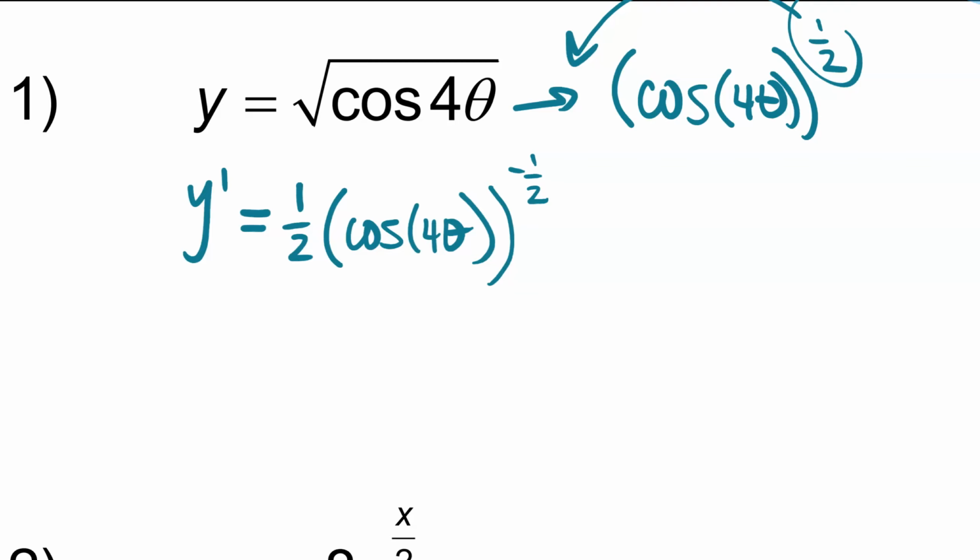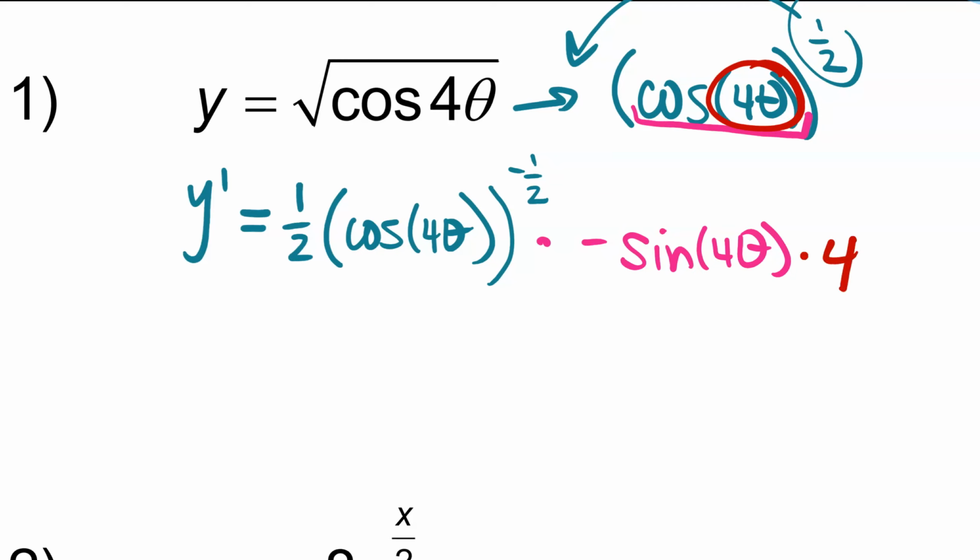Okay, so that's the outer portion. We need to do the inner. So times negative sine of 4 theta. And then times 4. So that is chain rule.